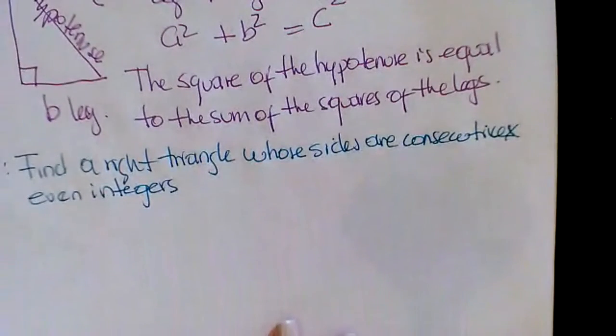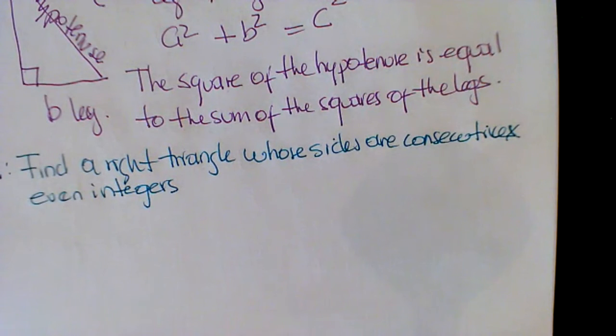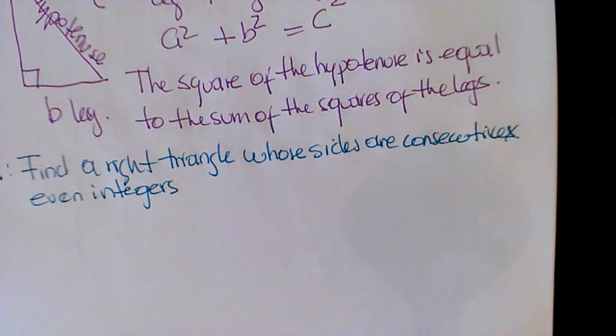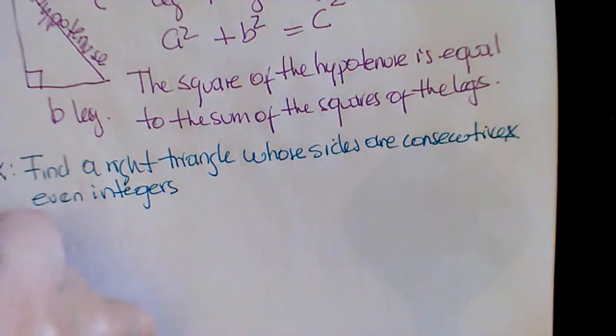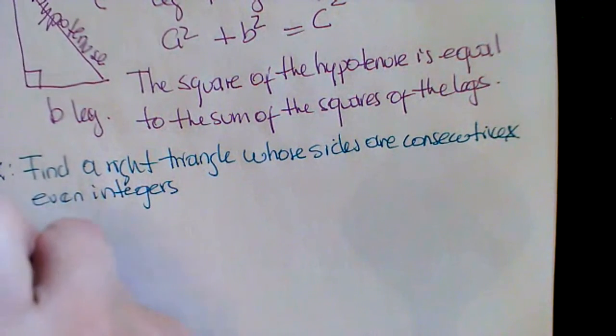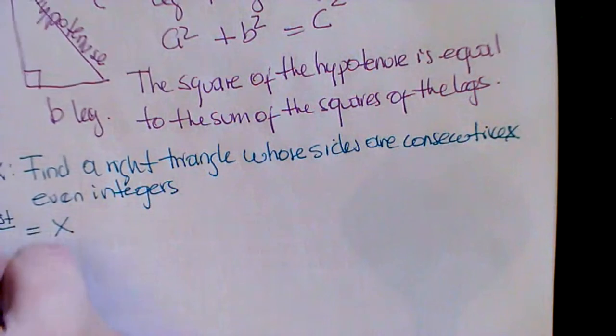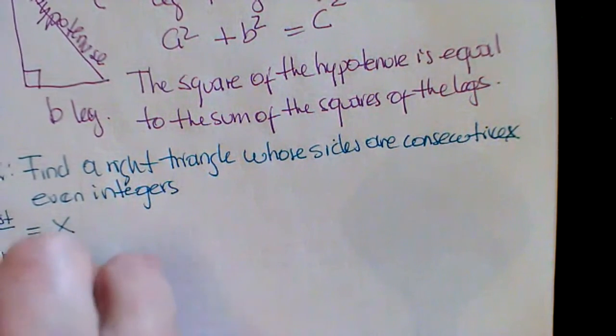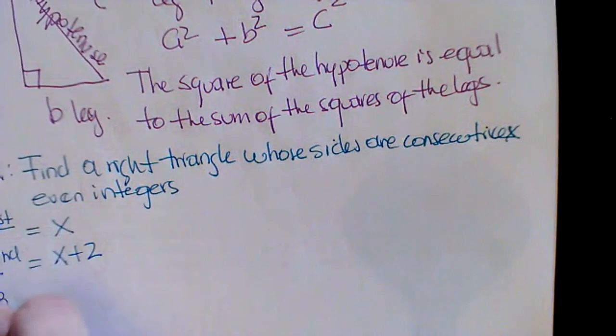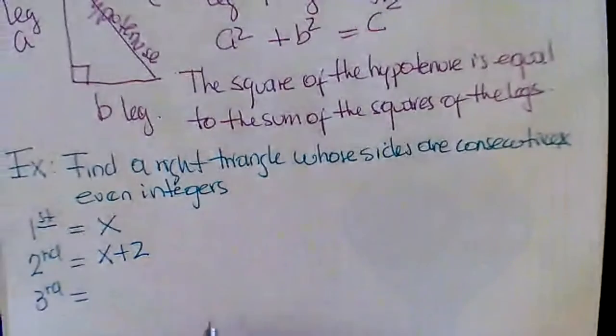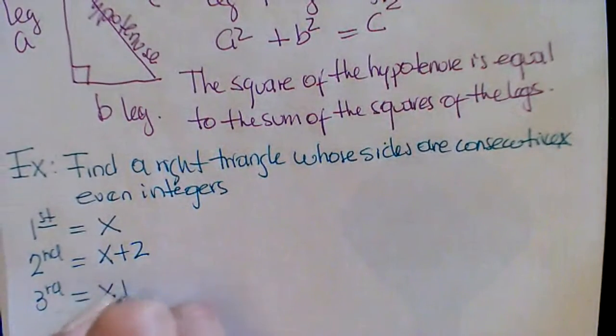Find a right triangle whose sides are consecutive even integers. So consecutive even integers are two numbers apart, right? So the first one is x, that's the unknown integer, right? The second one is going to be what? X plus 2. And the third one is going to be x plus 4.